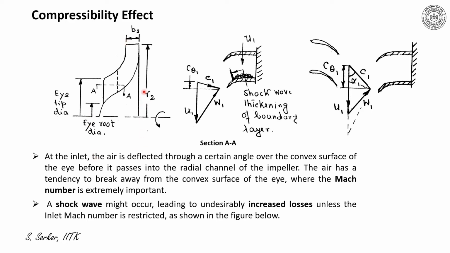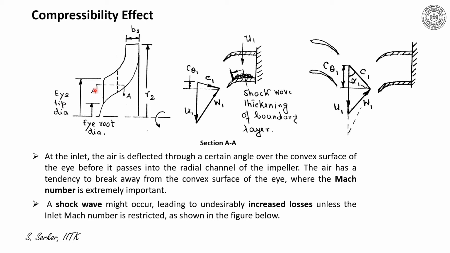So R2 be the impeller radius, outer radius, and B2 is the width of the impeller at exit. Thus, you can appreciate the impeller passage, that is the meridional flow through the impeller, as I'm indicating here.